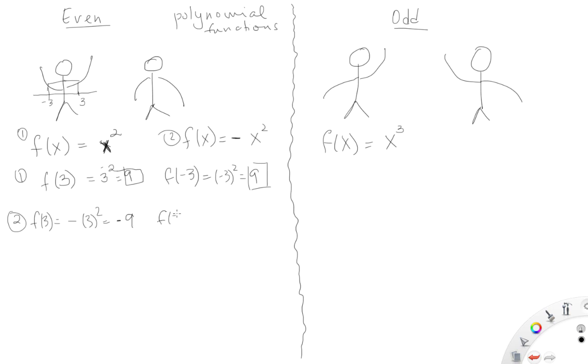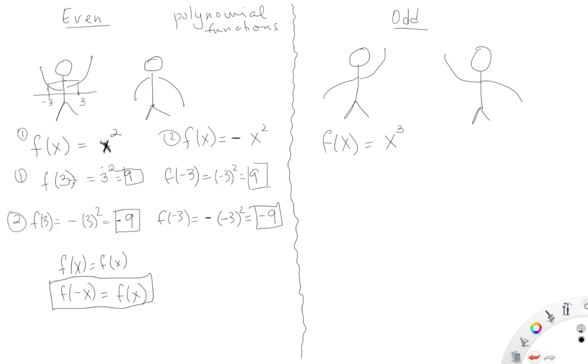Or if I have a negative 3 over here, I have minus 3 to the second power, which again is negative 9. So I again get the same output. Okay, so this is what's interesting about these functions. If I have f of x, I always know it is going to be equal to f of x. But if I put a negative number in, a negative x, I'm still going to get the same output, f of x.